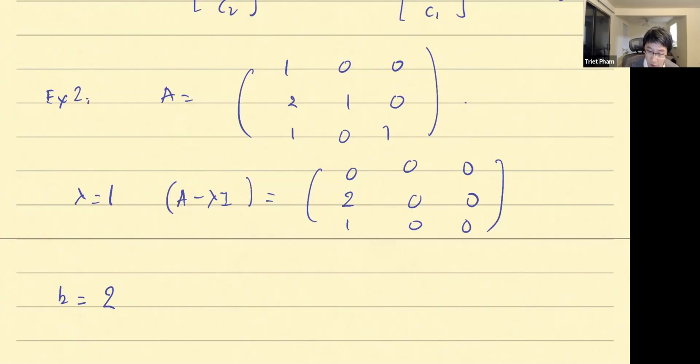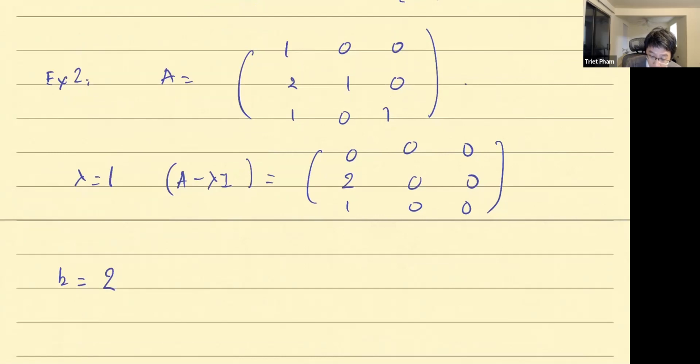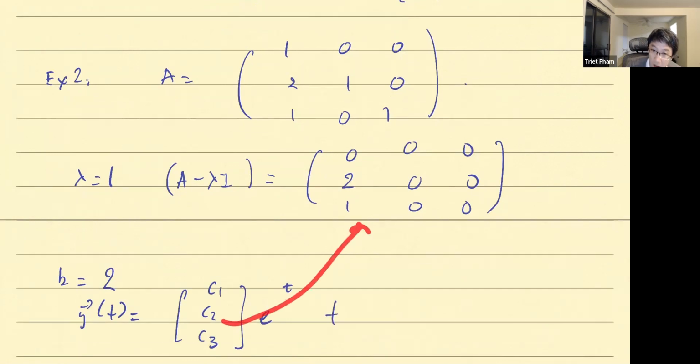So what is the solution then? The solution is y is arbitrary, e to lambda t, and then A minus lambda I times this, right? So you see exactly.